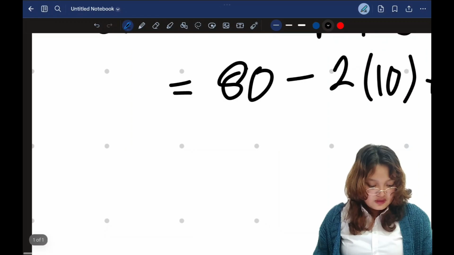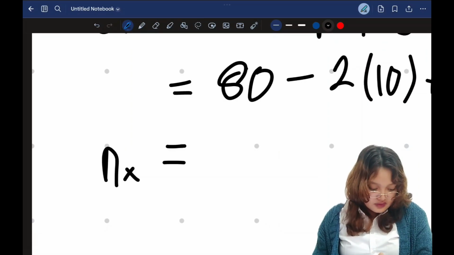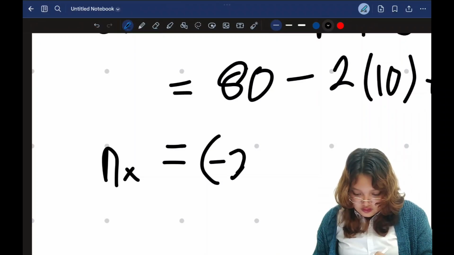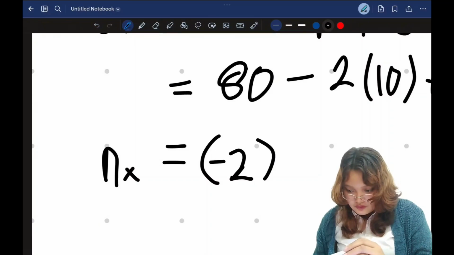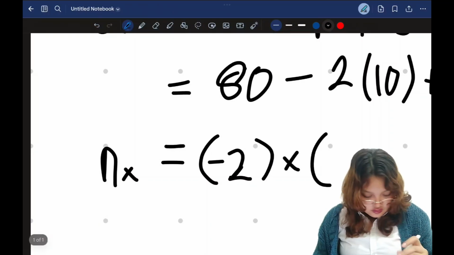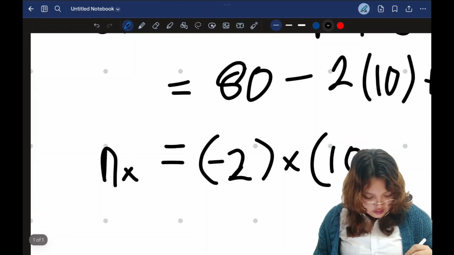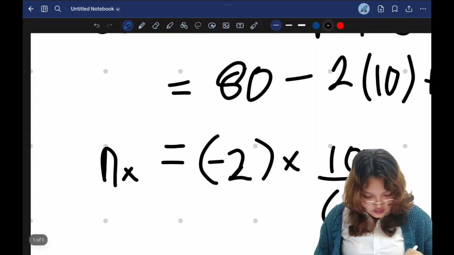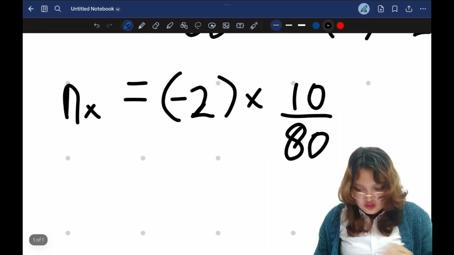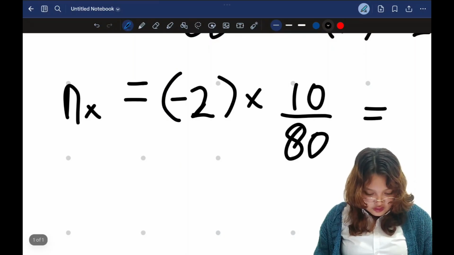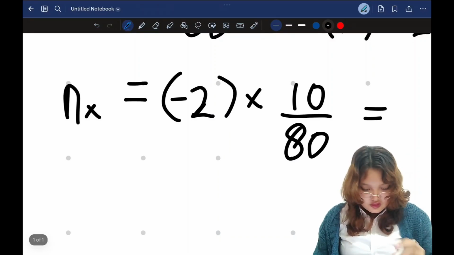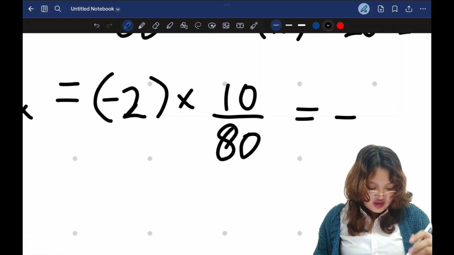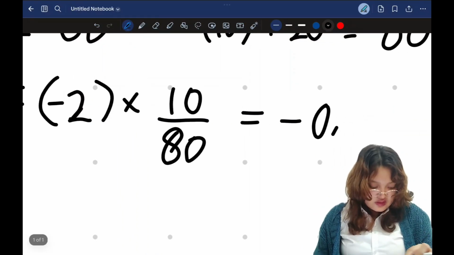So the next step is to plug in the values: N sub X equals negative 2 times 10 over 80. The result equals negative 0.25.